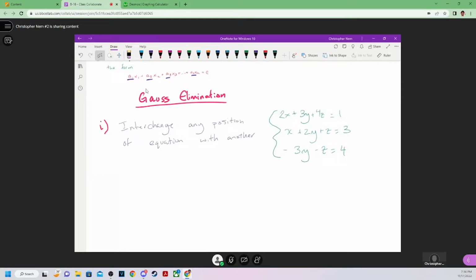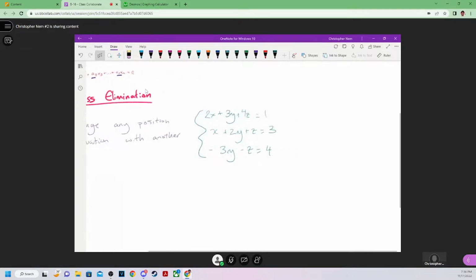And if I want to apply the Gaussian elimination rule 1, I can interchange any position of the equation with another. So if I wanted to swap equation 1 and equation 2, I can simply write, let's go from here to here. And you do need practice in showing your work. That is very important with these problems. So I'm going to say that, in particular, row 1 is going to swap with row 2.